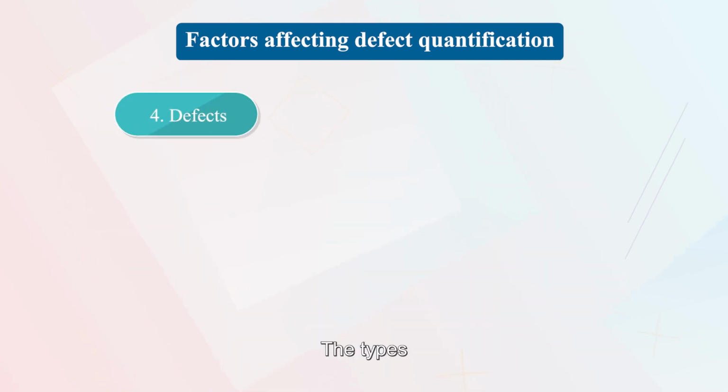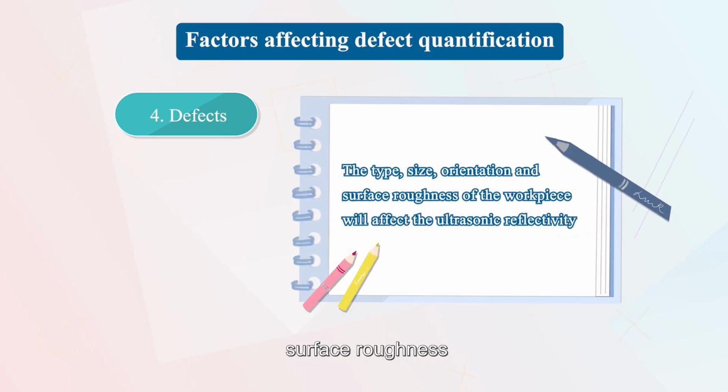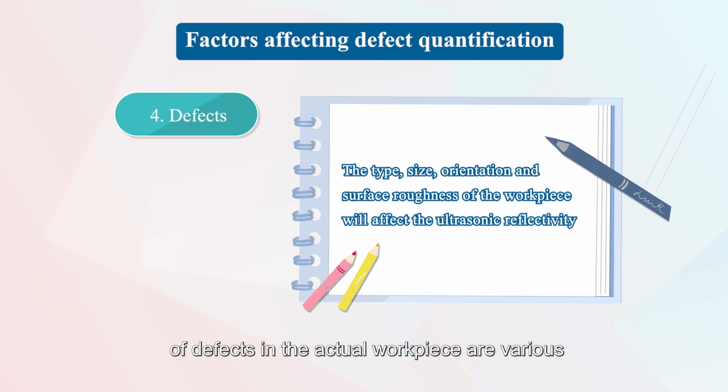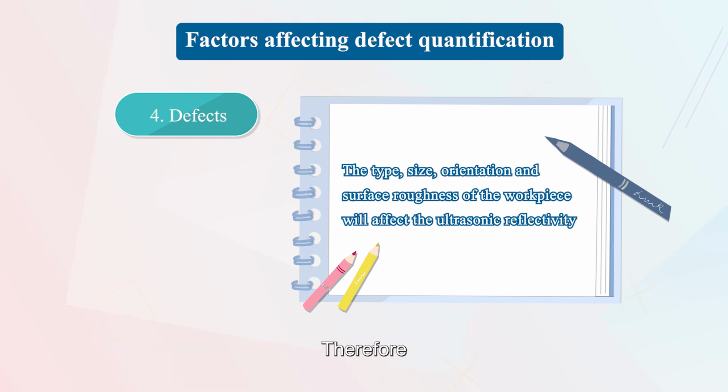Defects. The types, sizes, surface roughness, orientations, etc. of defects in the actual workpiece are various. And the reflectivity of ultrasonic wave is different. Therefore, the properties of the defects will also affect the quantitative results.